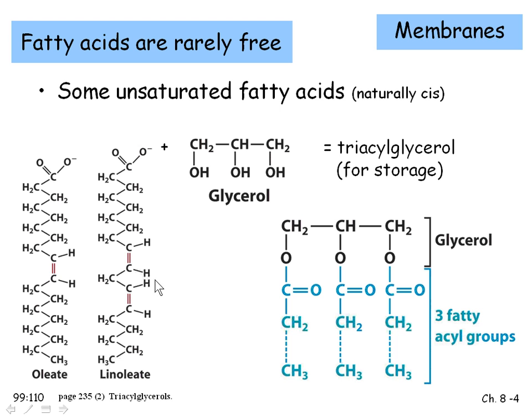And since these things by themselves would be pretty good detergents and break up a cell, there are not very many of them available like that free. Instead, they are often in chemical compound with a carbon backbone. And the most common carbon backbone that you're going to find fatty acids complexed with is the glycerol backbone.